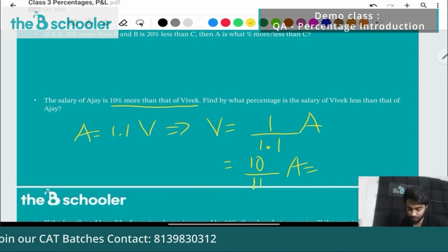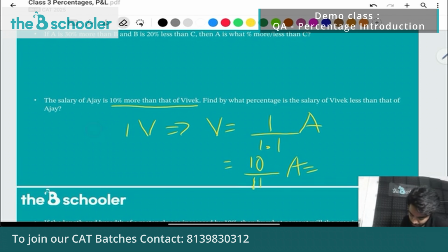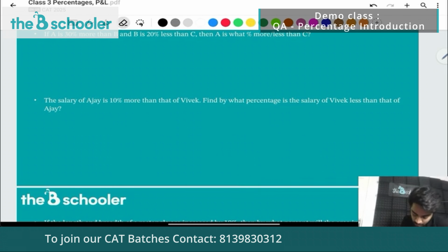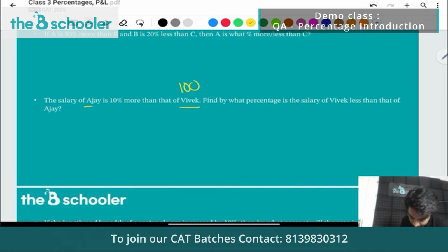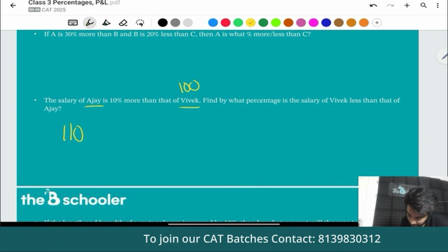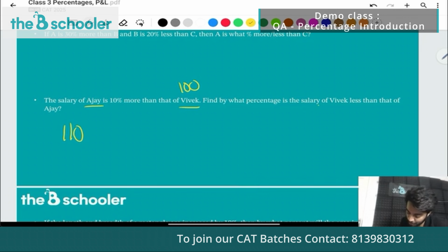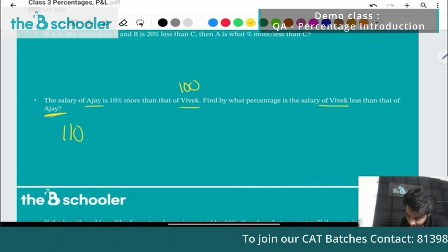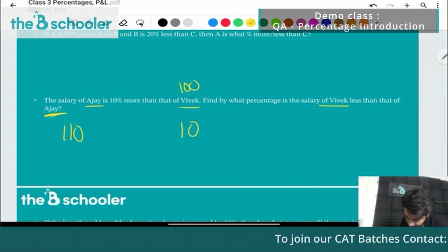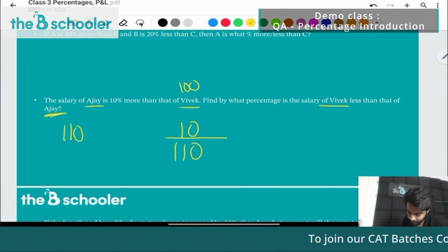Or if you want the other way around, what you can do is assume Vivek's salary to be 100 rupees, then Ajay's salary will be 110 rupees. Now, by what percentage is salary of Vivek less than that of Ajay? That means the comparison is Ajay. So Vivek's salary is 10 rupees less than Ajay and base is 110. 10 by 110 into 100 percentage.